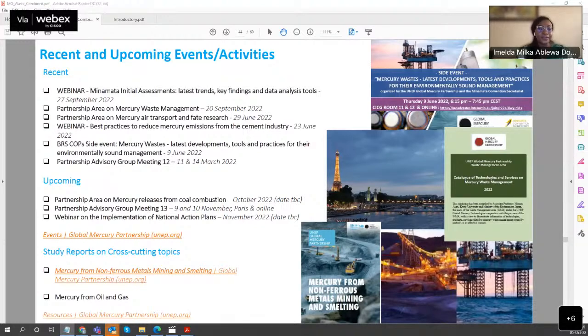So you have on this slide the links to the events page of the Global Mercury Partnership website, and also the link to the resources. And last but not least, we are also organizing the 13th meeting of the UNEP Global Mercury Partnership Advisory Group, which will happen on the 9th and 10th of November, back to back with the OECD Global Forum on Environment in Paris, France.